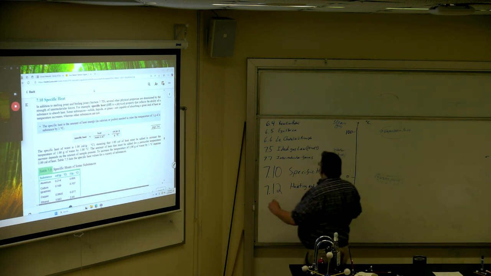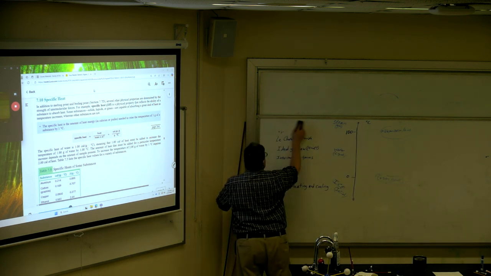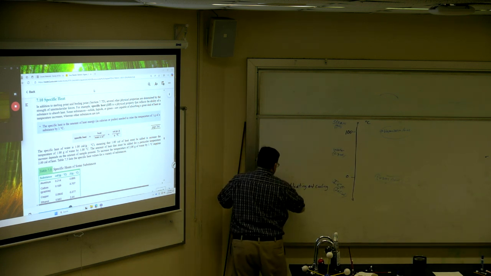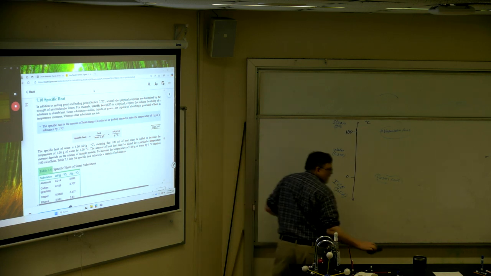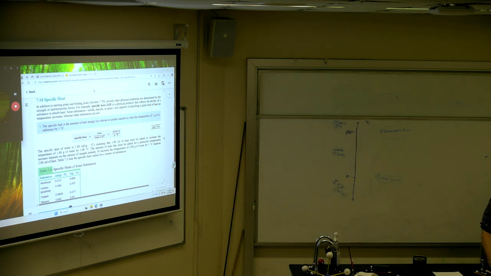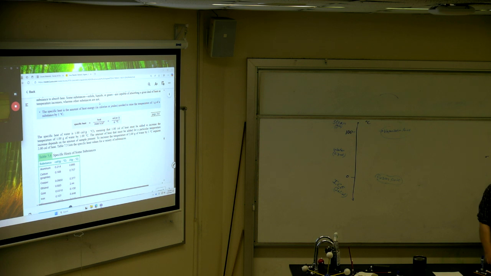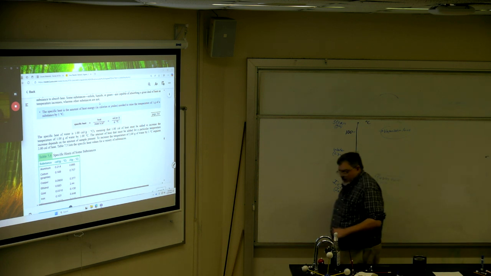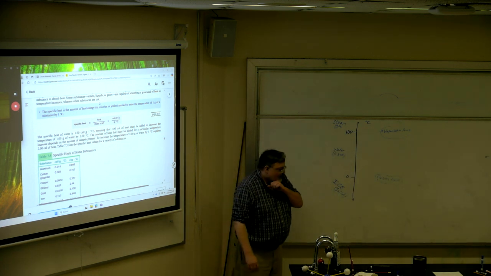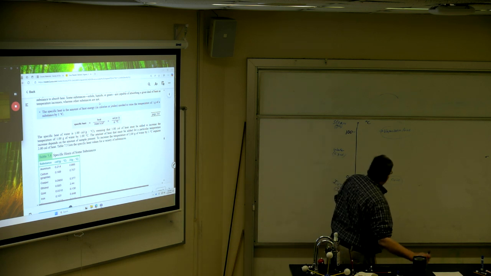Okay, so what is specific heat? Where am I going with this? So in 7.10, it gives you this general definition of specific heat.